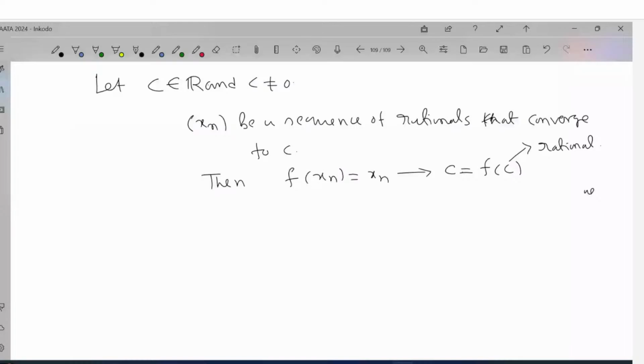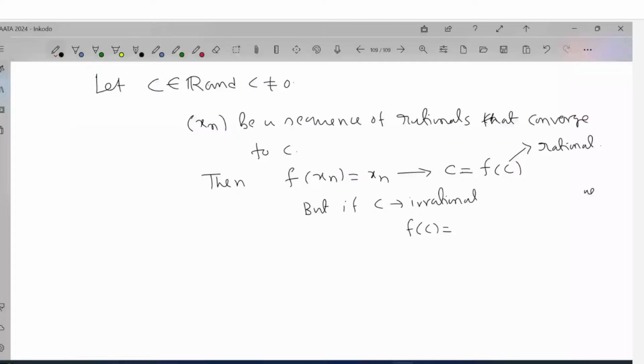You got that? So if it is rational, it is fine. But if c is irrational, then f(c) will be equal to 0, and that is not equal to c.